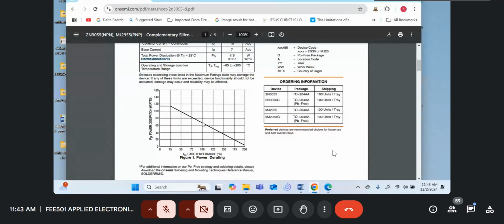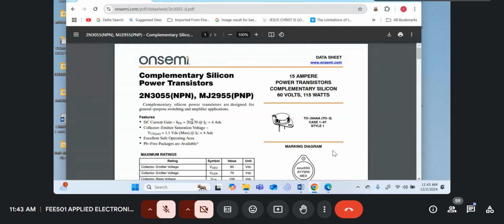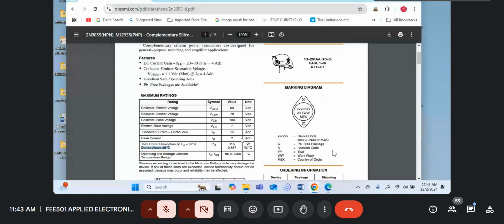But normally we don't want a transistor to be operated beyond 50. If you want the life of the transistor to be long, you normally want to operate it below 55. Now, this transistor is normally used for things like audio amplifiers, up to 100 watts per channel. So I hope you've understood that.